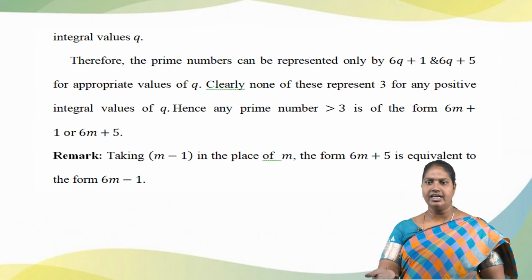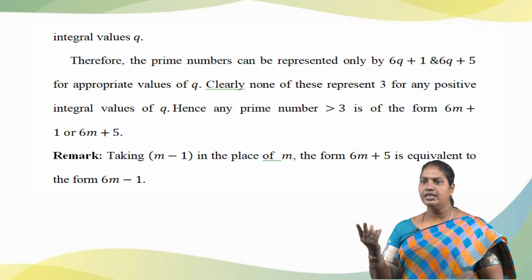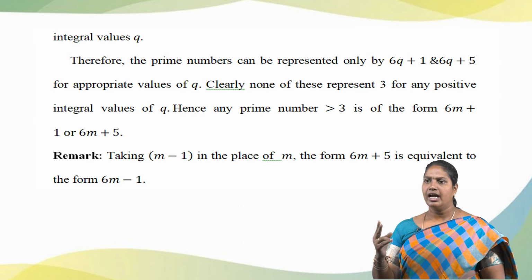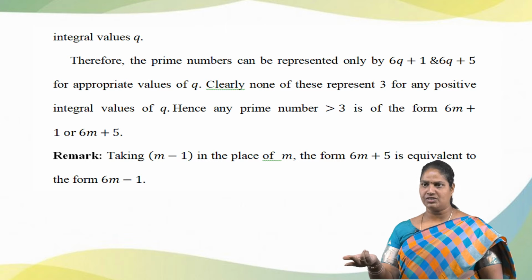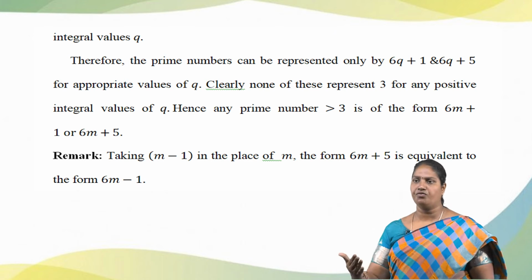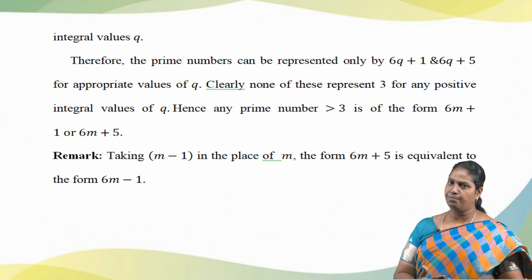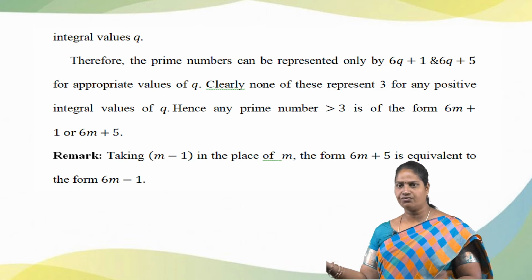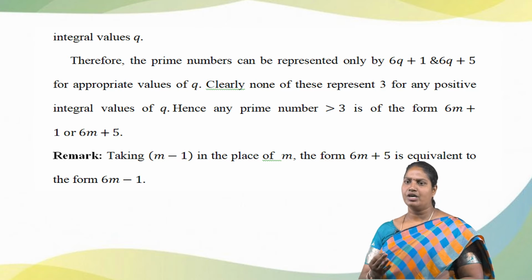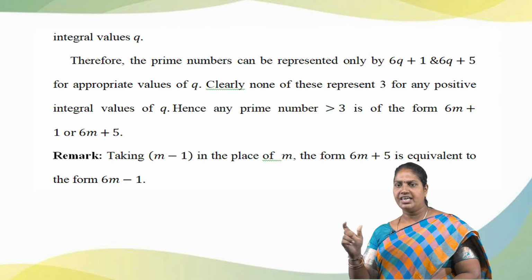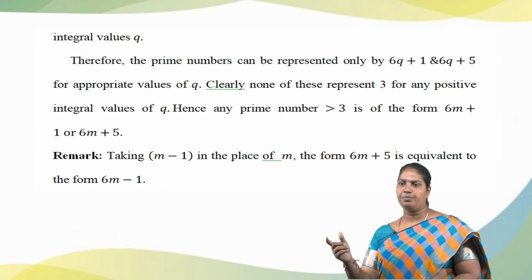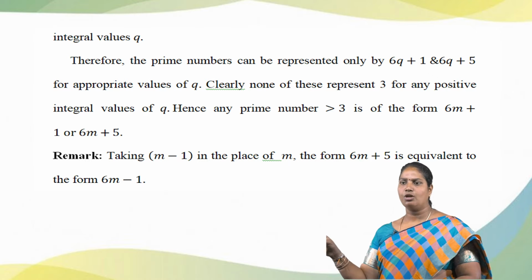And also we know that 2 is the only even prime number and it cannot be in the form 6q plus 1 or 6q plus 5. So therefore, any prime greater than 3 should be of the form either 6m plus 1 or 6m plus 5. And we remark that if we replace m by m minus 1, 6m plus 5 can be written as 6 into m minus 1 plus 5, that is 6m minus 1.